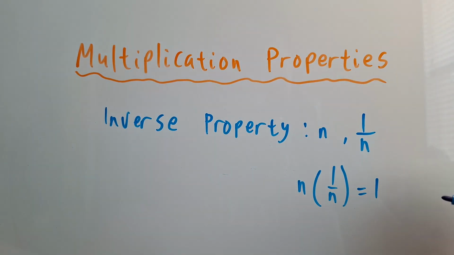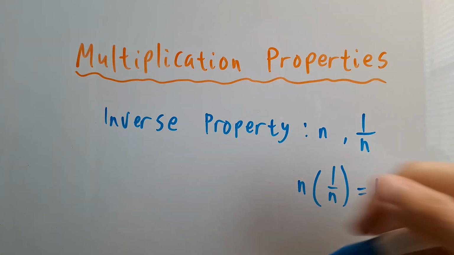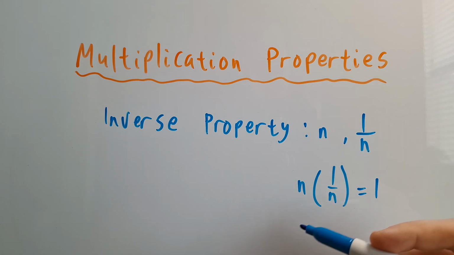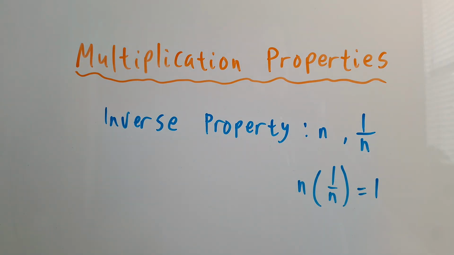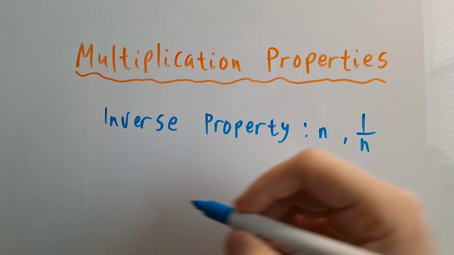And multiplicative inverse, remember how we said for addition we have the additive inverse? Well, for multiplication, the multiplicative inverse, another name for that is that number's reciprocal. So I'll show you an example of that.